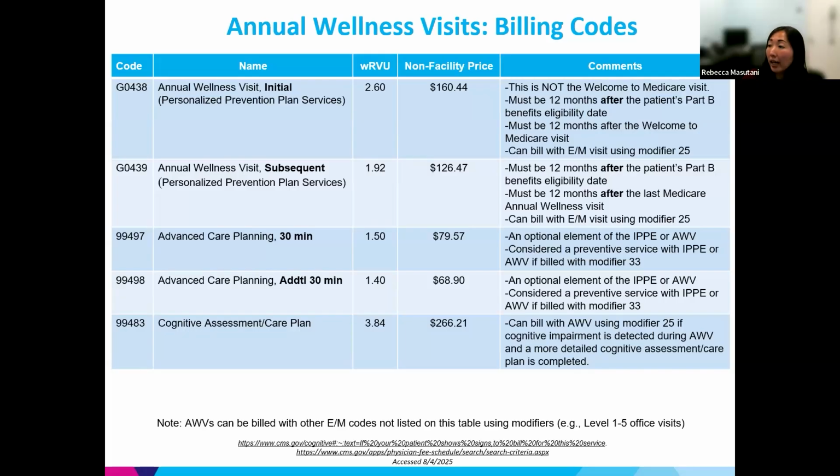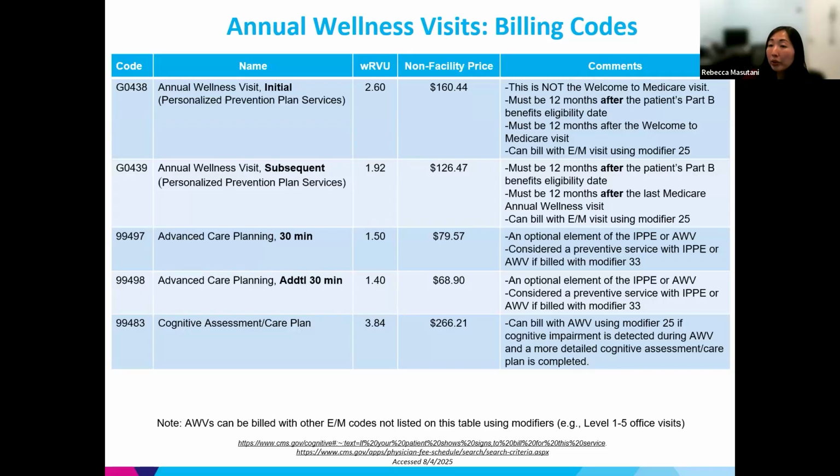And you can see here that at the time of this recording, the national non-facility price is about $160. In the comments section, I did include some helpful reminders when conducting the Medicare annual wellness visit. And again, it's important to bill for the right type of Medicare annual wellness visit, depending on when a patient's Part B coverage began and when their last annual wellness visit occurred.